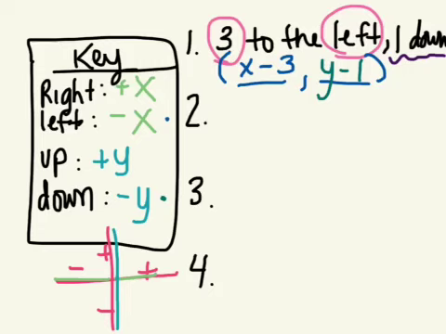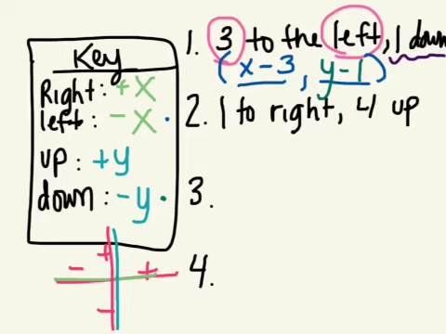Alright, so let's do our second example. 1 to the right and 4 up. 1 to the right and 4 up.